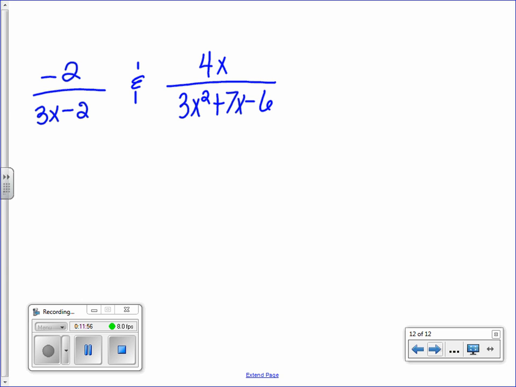What needs to happen over here? You've got to factor it. Yes, you have to factor it. So, two numbers that multiply to negative 18 and add to 7. 9 and negative 2. So I'm going to rewrite this: 3x squared plus 9x minus 2x minus 6.